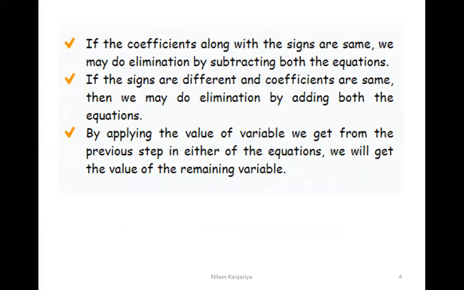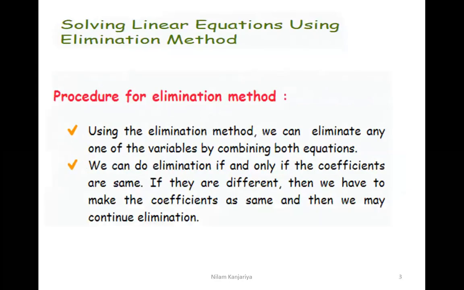But you must remember both variables must have the same coefficient. So first of all, you make the same coefficient, and if their sign is not opposite, you can change it. Then you can eliminate. So you get x and y, two variables. So these are the procedure which is on screen.